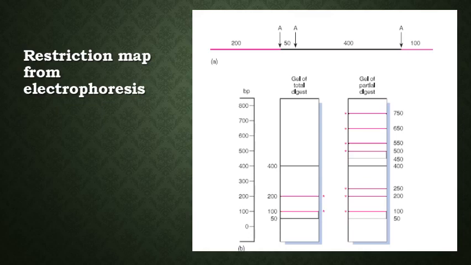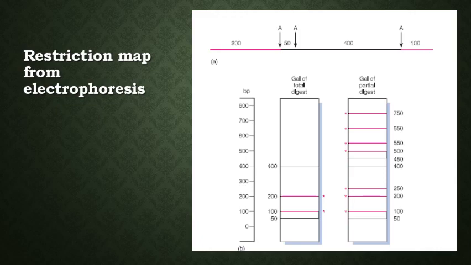This figure shows a hypothetical piece of DNA cut by restriction enzyme A. Below this map is a diagram of the electrophoresed digest on an agarose gel, which is usually used because its porosity allows DNA fragments of relatively large size to move.